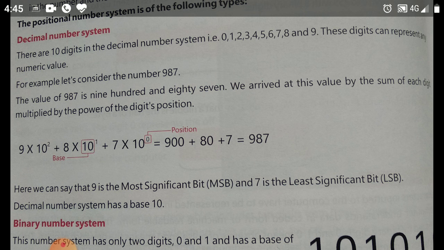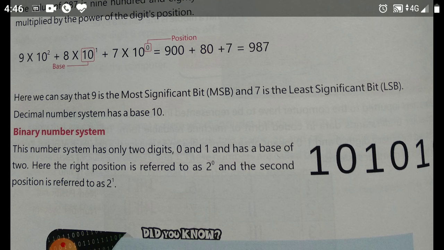To represent a number using place value, you multiply 10 raised to 0 by the digit at the unit place, then 10 raised to 1 by the digit at the tens place, and again 10 raised to 2 by the digit at the hundreds place. Like that you have to do the calculation. Understood? Good.